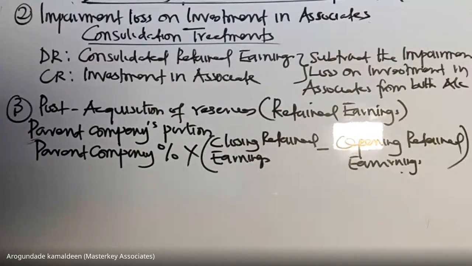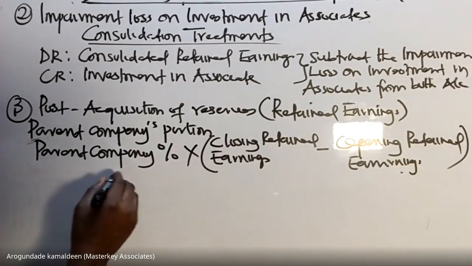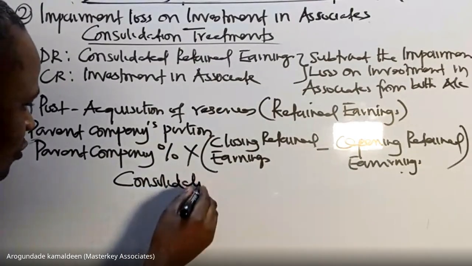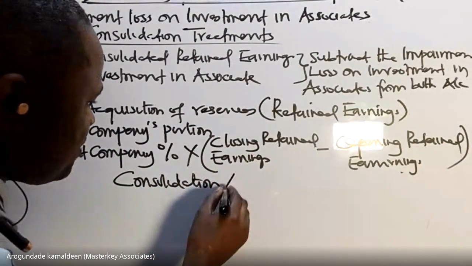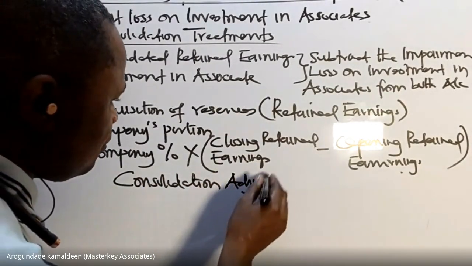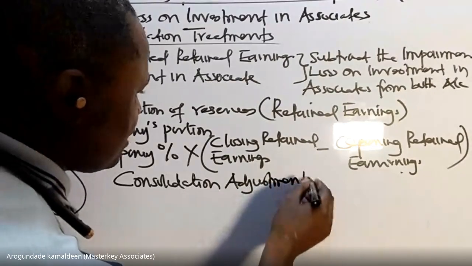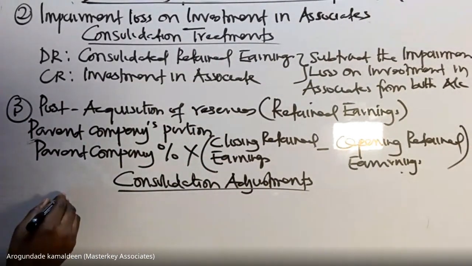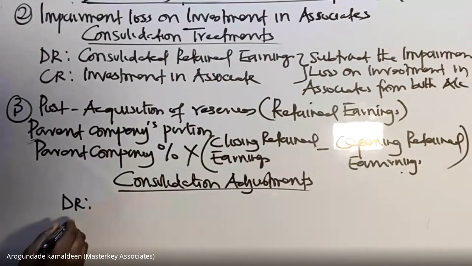So how do we account for that as well? Consolidation adjustment or treatment of this, debit, credit.